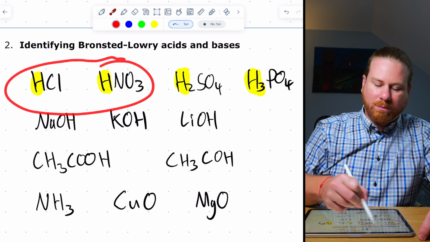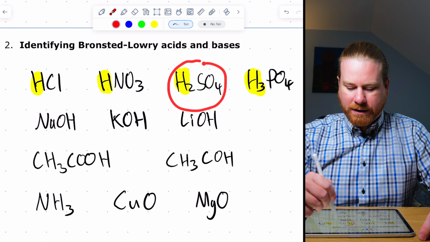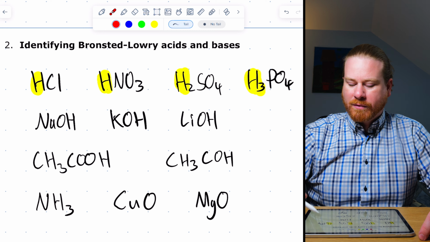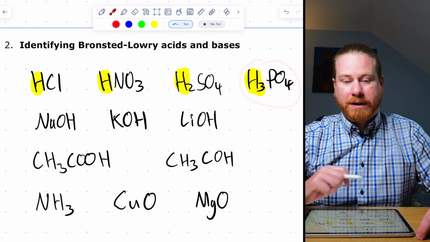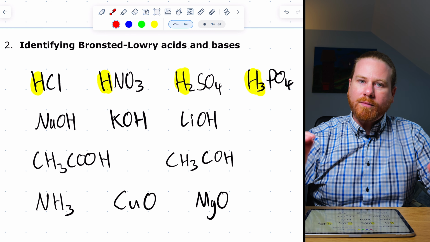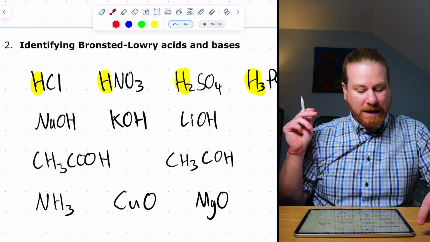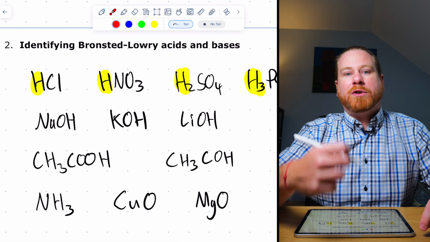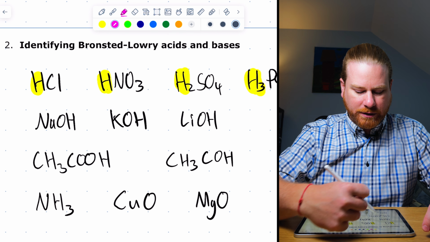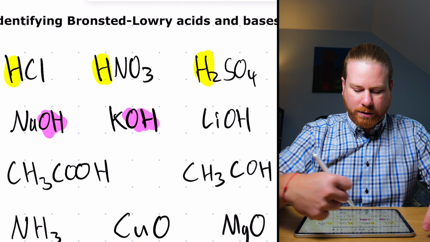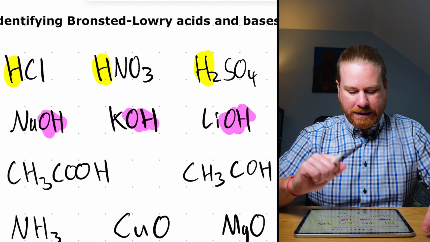We've got a couple of monoprotic acids, then a diprotic acid, and you can even have acids that can donate 3 protons. Happy days. Now on to some alkalis. These are alkalis because when they dissolve in solution, you're going to get the hydroxide ion.